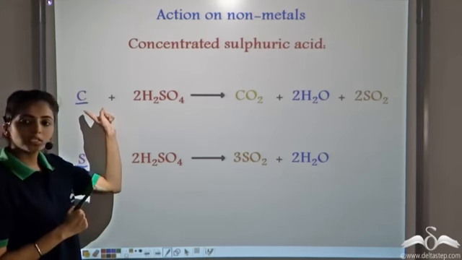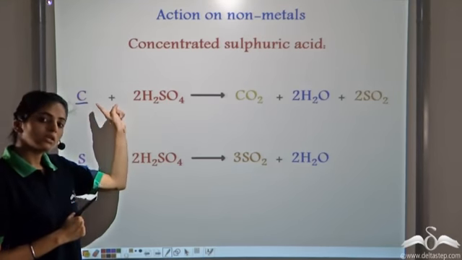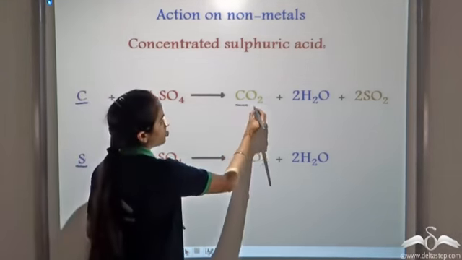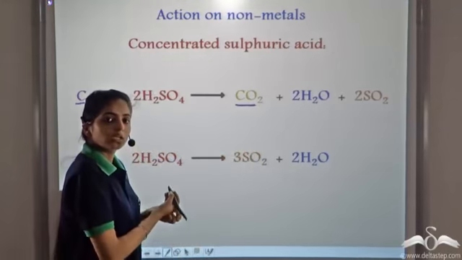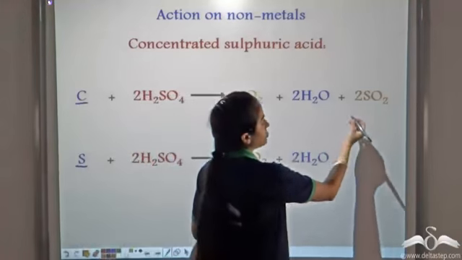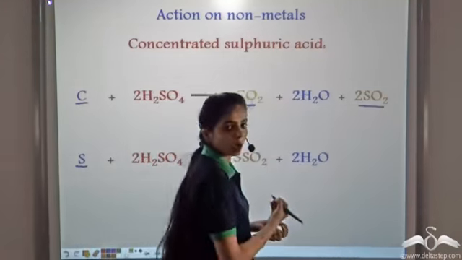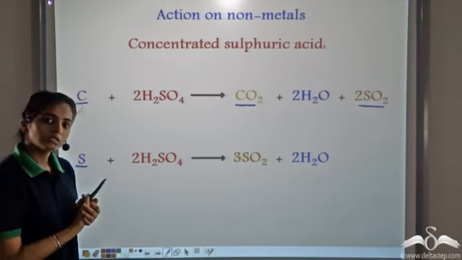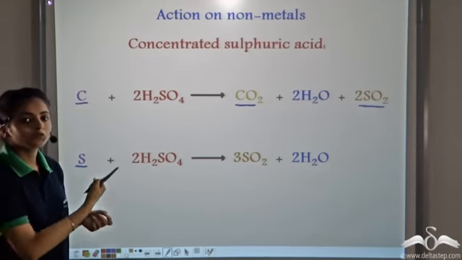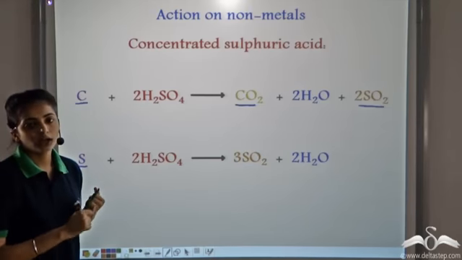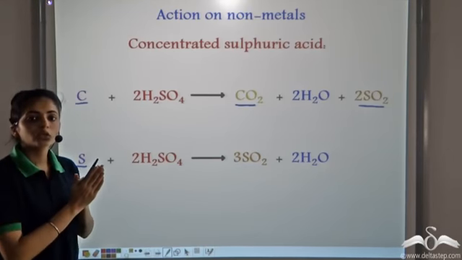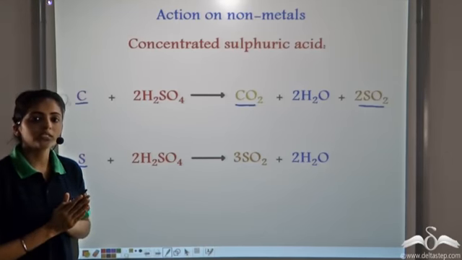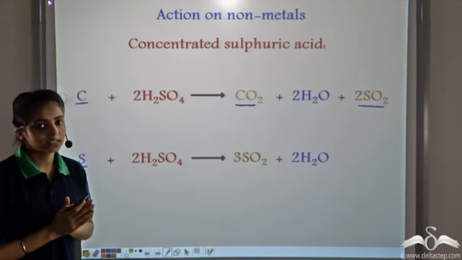So in this case, when it reacts with carbon, it oxidizes carbon to form carbon dioxide, it forms water, and at the same time it forms sulfur dioxide. So it acts as an oxidizing agent. Similarly with sulfur, it forms sulfur dioxide and water. So we see that concentrated sulfuric acid acts as an oxidizing agent.